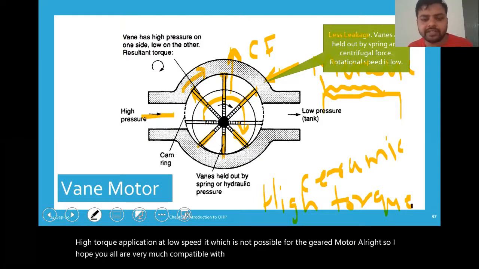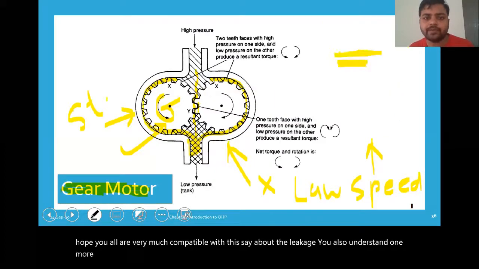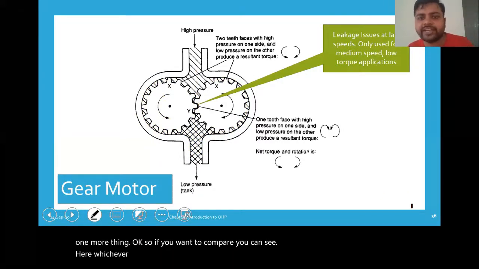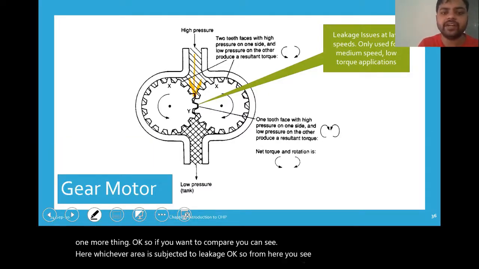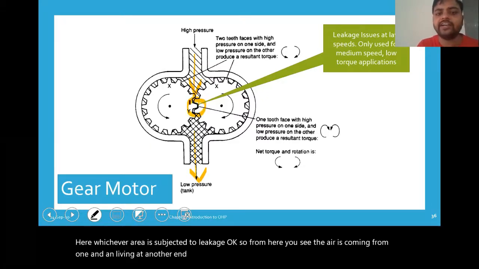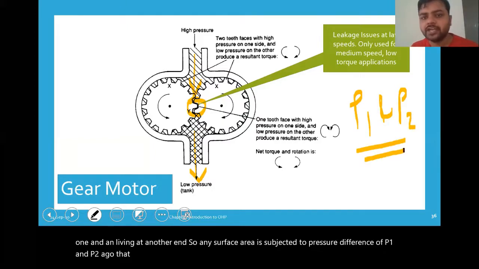About the leakage, you should understand one more thing. If you want to compare, you can see here whichever area is subjected to leakage. From here you see the air is coming from one end and leaving at another end. So any surface area is subjected to a pressure difference of P1 and P2, that is the maximum pressure difference. Leakage is proportional to pressure difference.